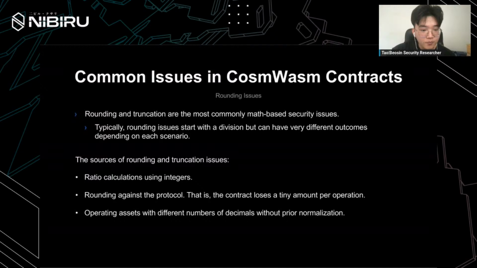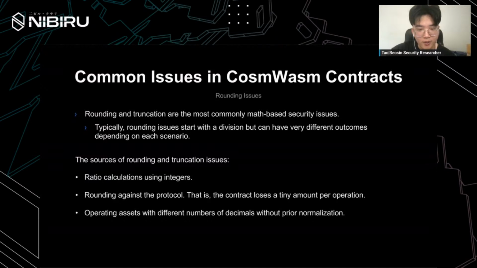And the second one is when the smart contract executes, the rounding issues happen against the protocol. That is, the contract loses a tiny amount of some crypto assets per operation, and that would cause a validation error or a liquidation error.